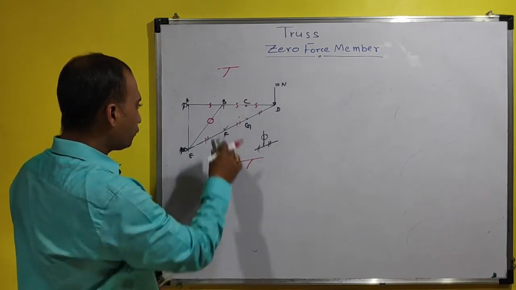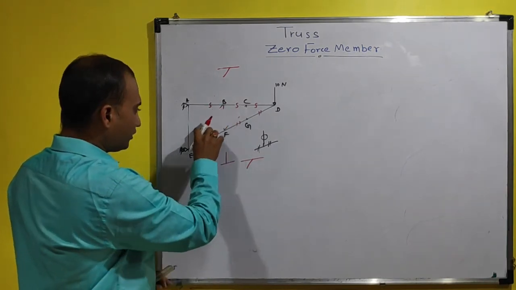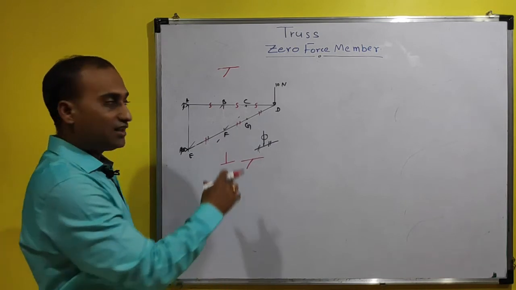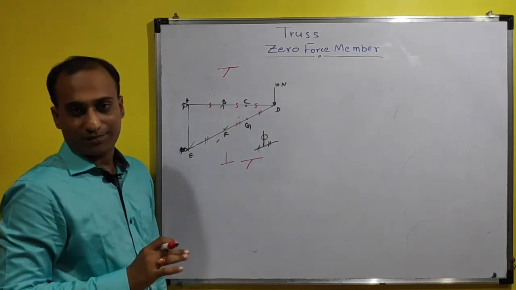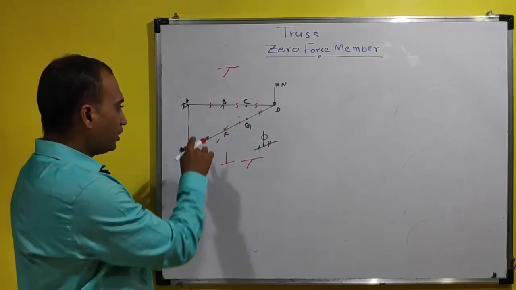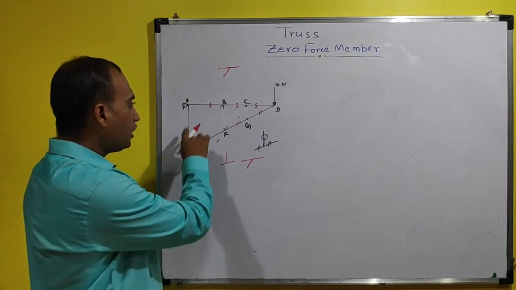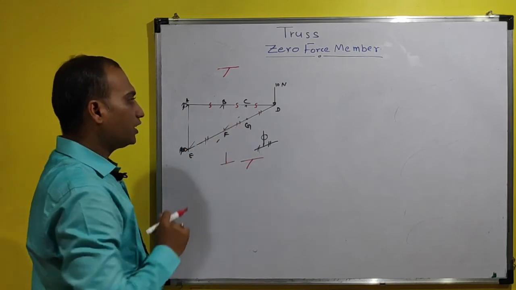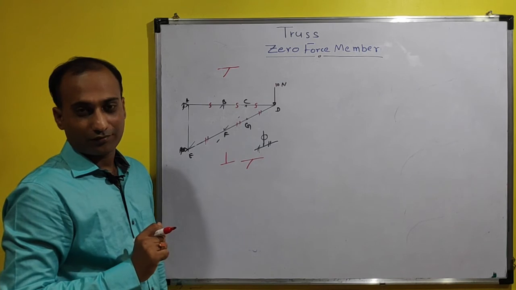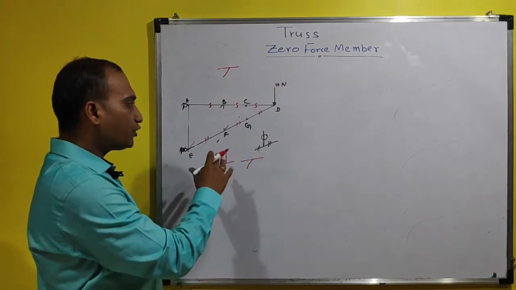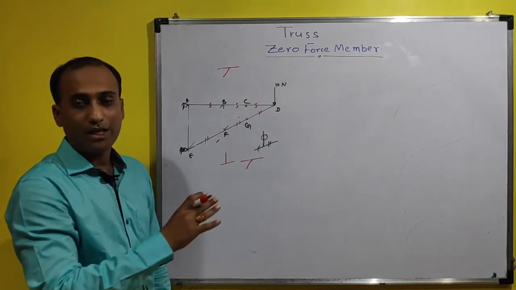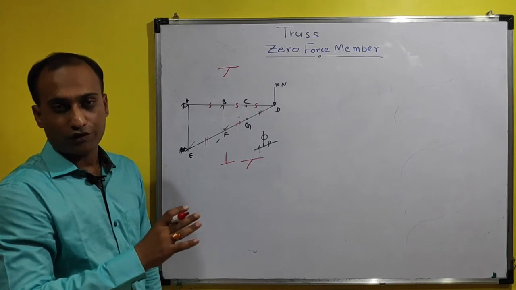And again what do we do? Again we will erase this or assume that this member is not there in the system. But now we will not see any V or T joint in the system. So this is how, by observing only, we have found out there are many zero force members.